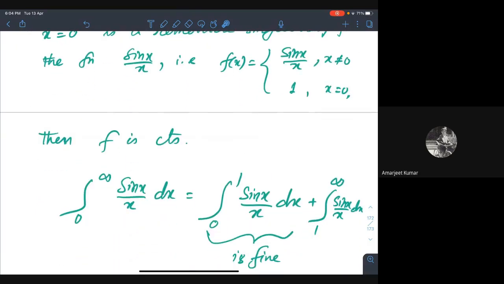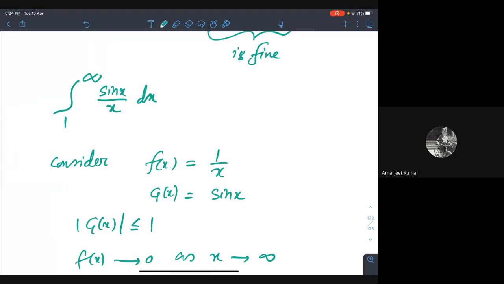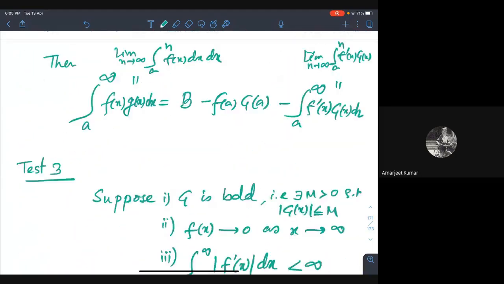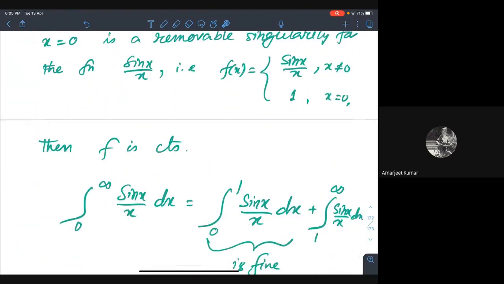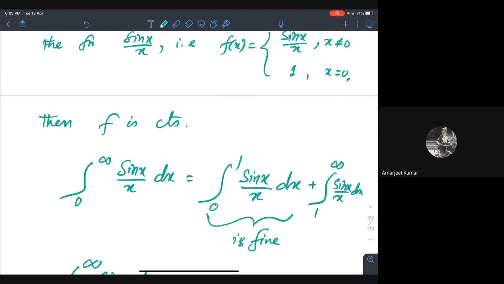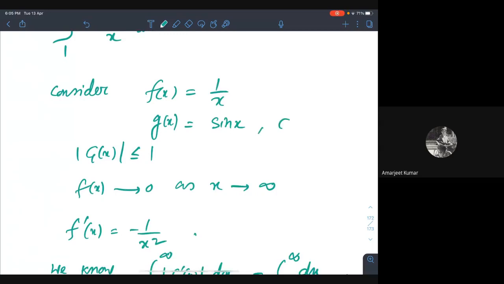I need to change g a little bit. g' has to be this g. So small g is this one, and capital G is, what is capital G(x)?